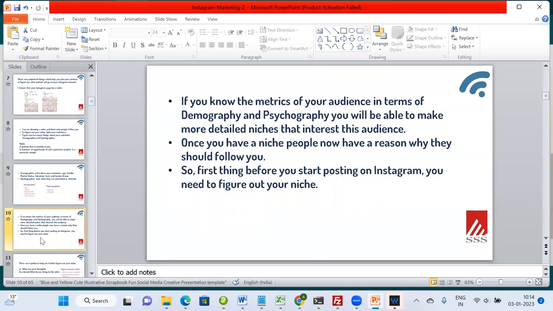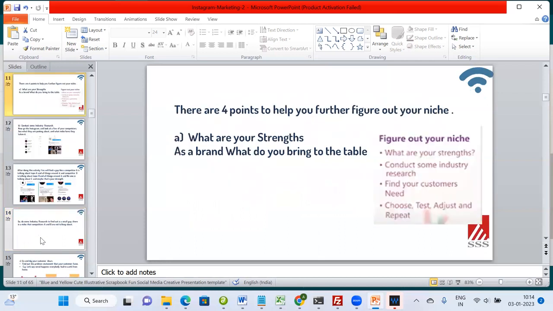Now, the second thing is, there are four important points further. Figure out the niche. What are your strengths? As a brand, what do you bring to the table? If we take the example of online app development, suppose we can have our strength that we have an industry presence of 20 years.